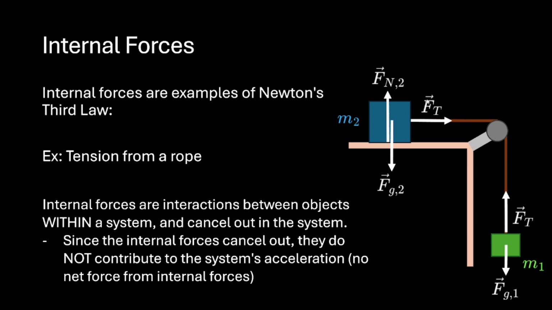But the force of tension on block 2 cancels out the force of tension on block 1, as they are equal and opposite. However, on block 1, there is a force of gravity that does not have any opposing force other than the force of tension, which, as we mentioned earlier, is canceled out. So as a result, the whole system is accelerating in the pulley direction, with a net force that is the same magnitude as the force of gravity of object 1.